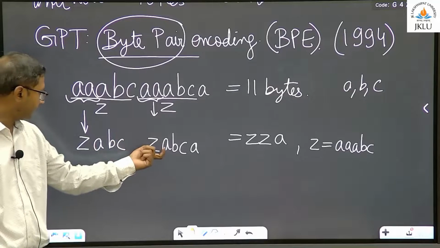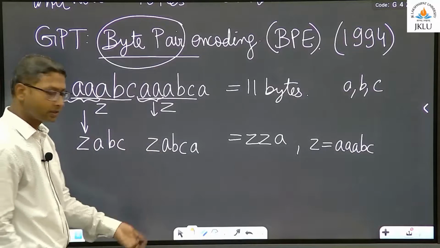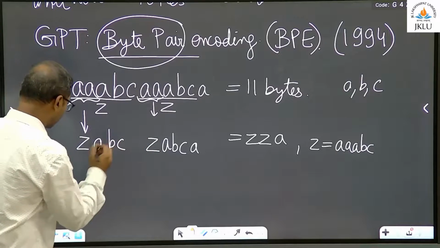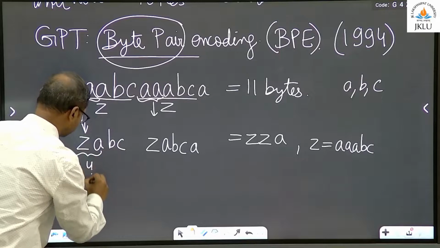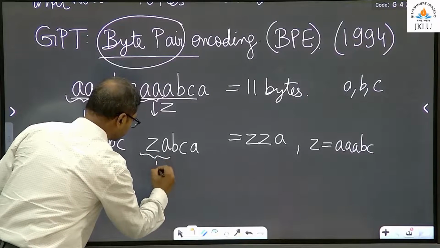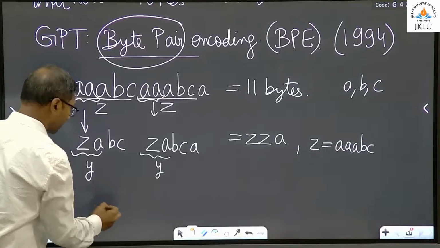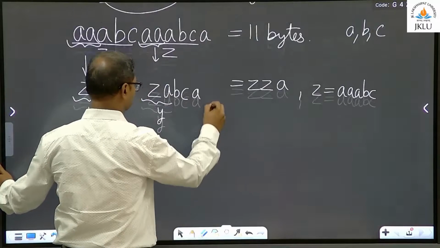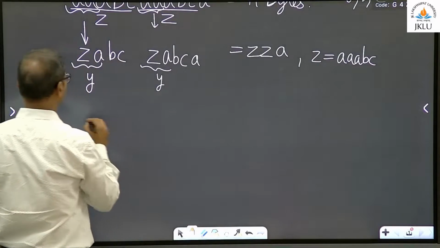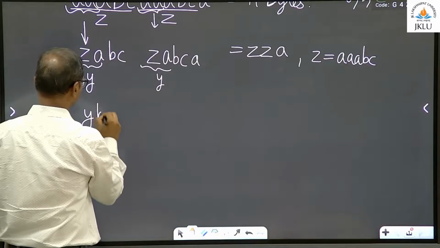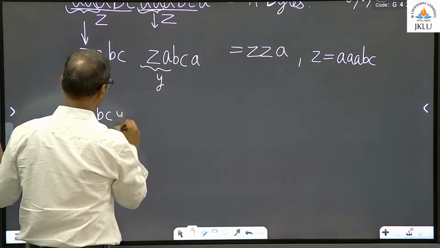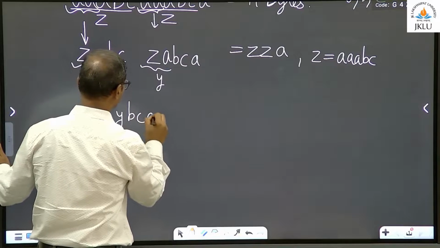ZA, ZA, so can I still merge? Yes. So let us say ZA now becomes Y. So this whole thing becomes Y, B, C, Y, C, A.